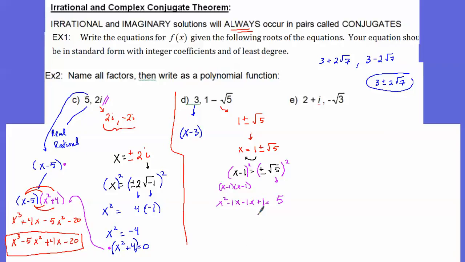Foiling that out, these are two like terms. I will have negative 2x plus 1 is equal to 5. I need this to be equal to 0, so I will subtract 5, which will produce for us x squared minus 2x minus 4 equal to 0.